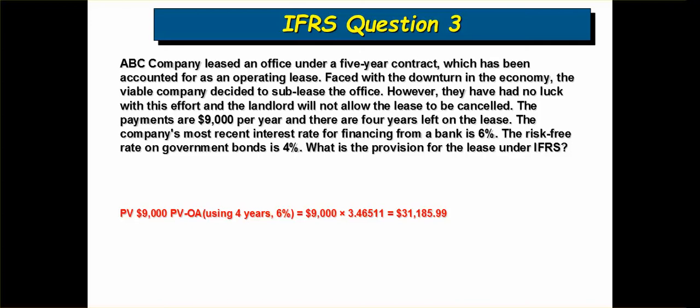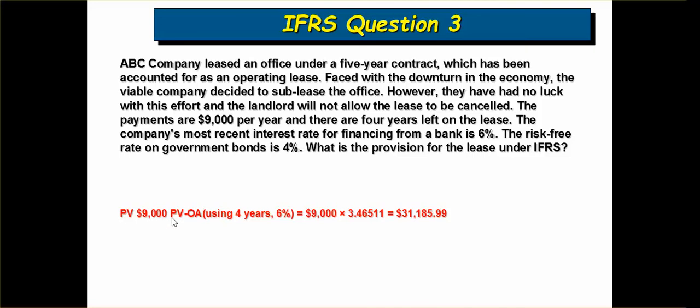There's a 6% bank financing, and then there's a 4% risk-free rate of government bonds. So they're just kind of throwing you a curveball and asking which one do you use there. So what is the provision for the lease? What do we owe? What is the present value of these payments? So we have 9,000.